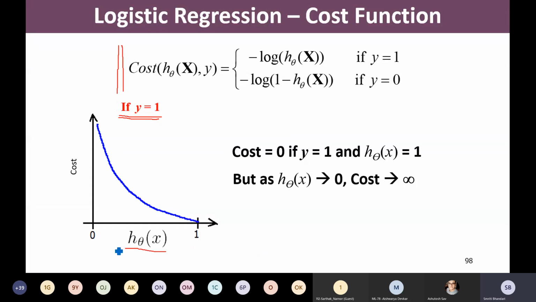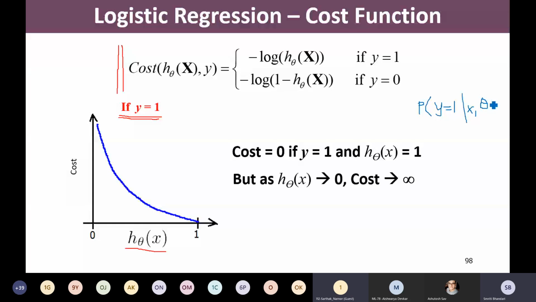But whatever value h theta x provides us, we said that this is a probability that y is equal to 1 given x, parameterized by theta. Do you remember?